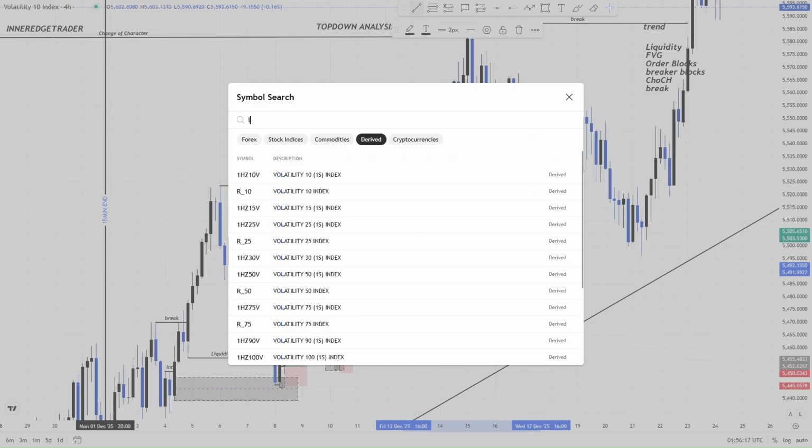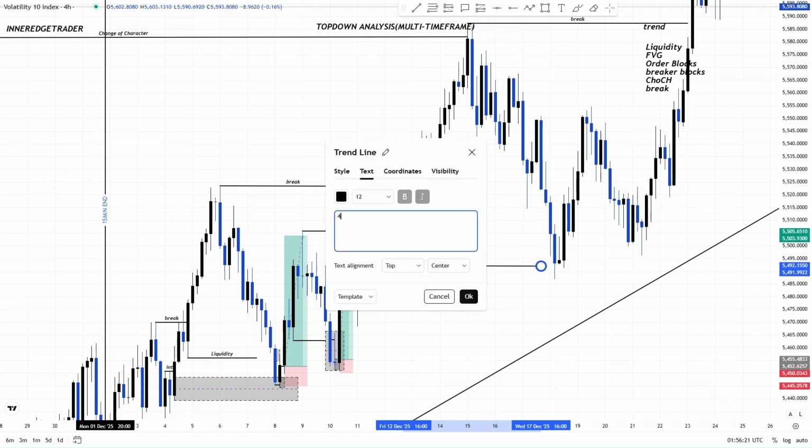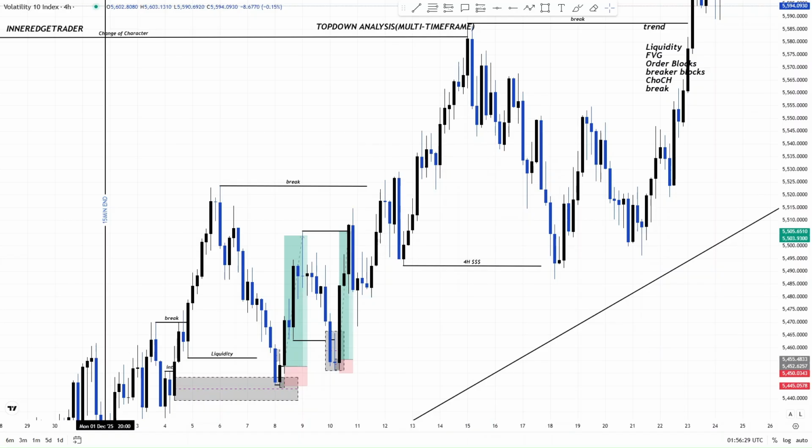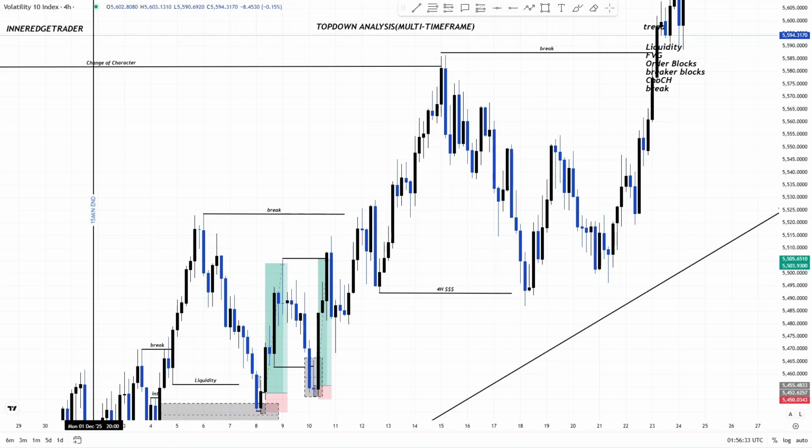Let me just highlight it so you guys understand. A 4 hours liquidity is on. So simple as that. We go on the 15 minutes to this zone after it closes, after the sweep. So this zone is going to be a zone of entry.